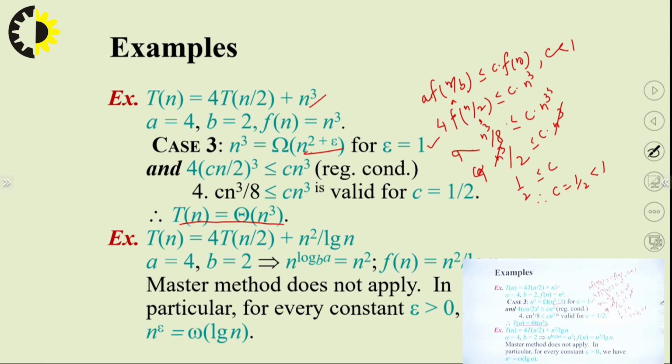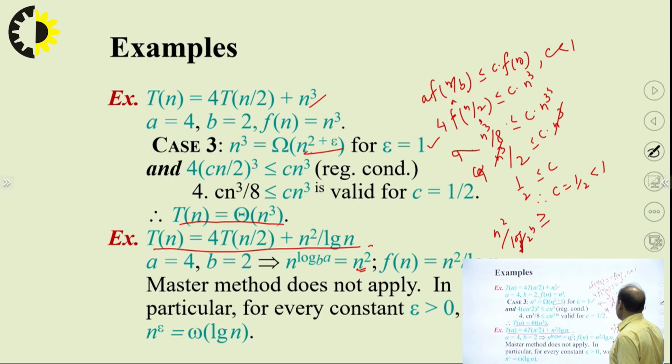There are some examples when the master method is not satisfied. Let us have one example. T(n) is 4T(n/2) + n square divided by log n base 2. We can see that a is 4 and b is 2, so this becomes n square, no problem. And f(n) is n square by log n base 2.